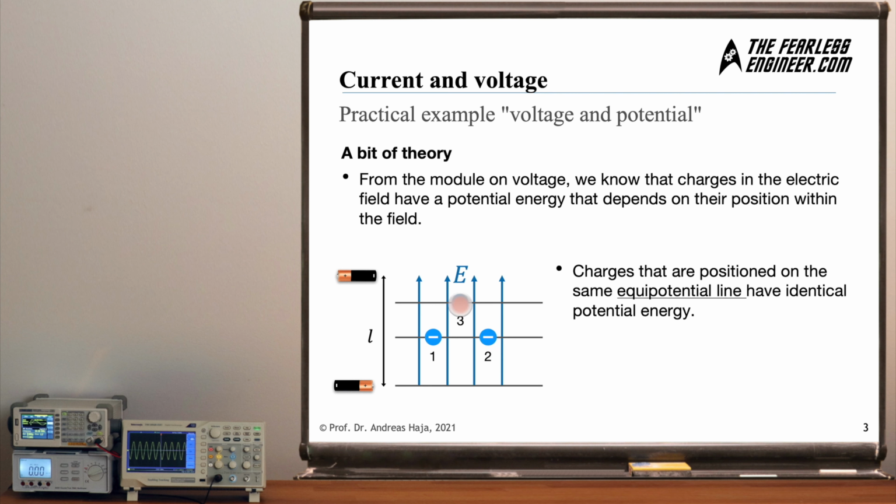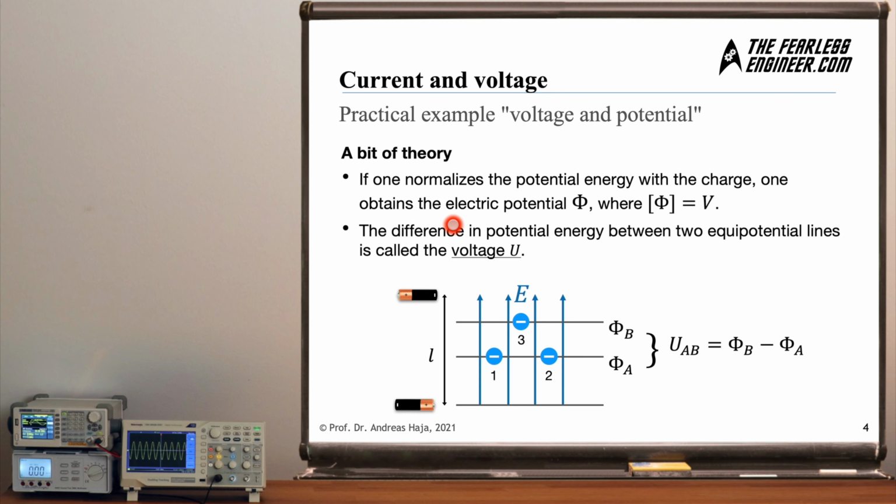And this third charge has a different potential energy because its distance from the positive or negative pole differs from the charges 1 and 2. And now we get to one of the core ideas in this video, which is the electric potential. We have already talked about potential energy, and now we are talking about this expression here, the electric potential phi.